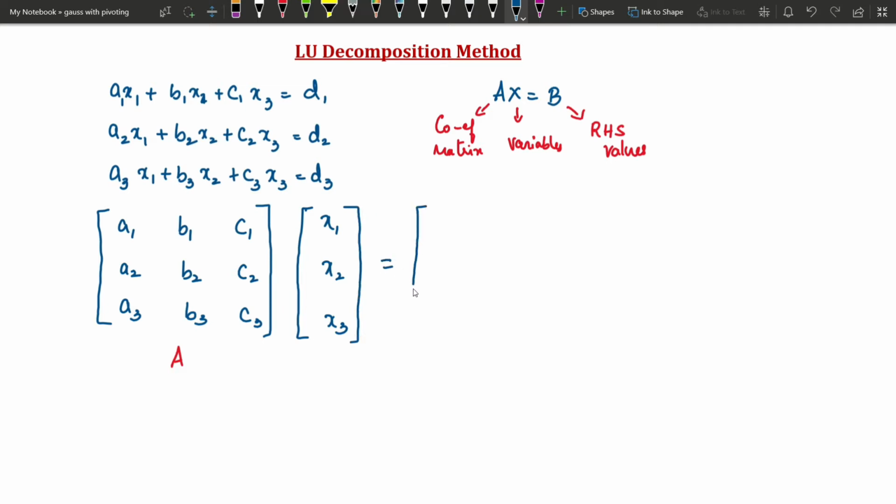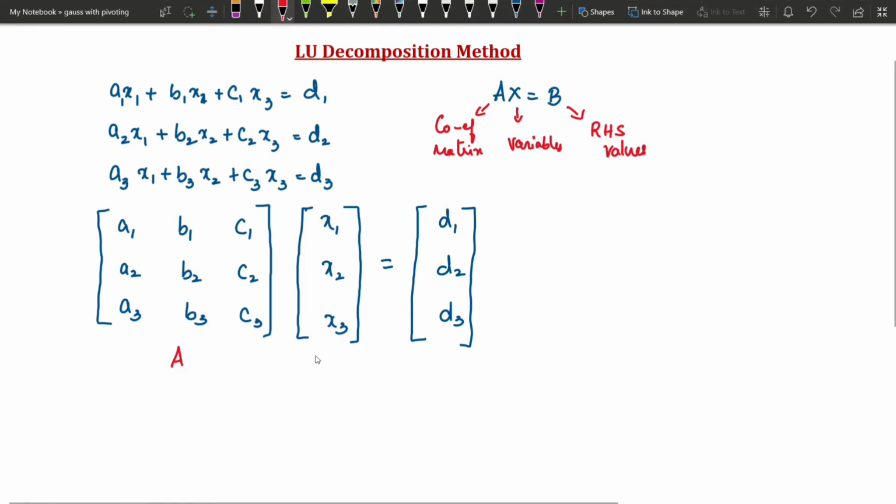This is multiplied with unknown variables, which is our matrix X, and this product gives you RHS values, which is denoted as matrix B. So this is our matrix form of writing the given set of equations.